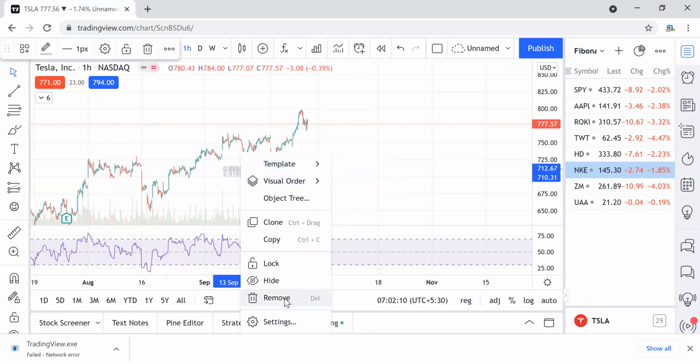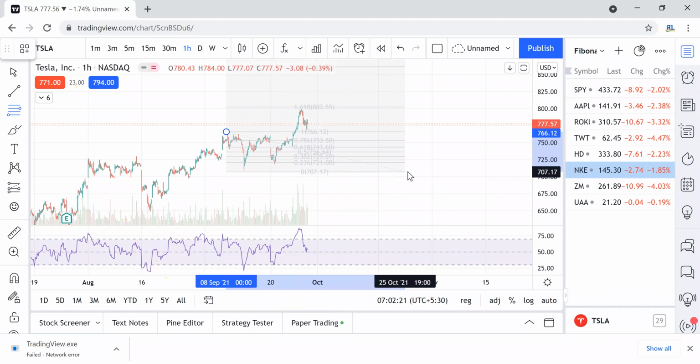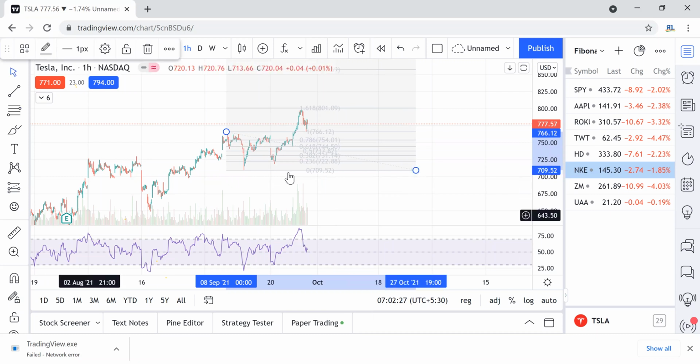Sorry, guys. And say, how high can you go? Okay. Ideally, when a stock is truly bullish, the 1618 retracement almost always happens.